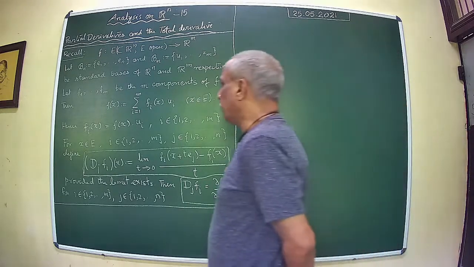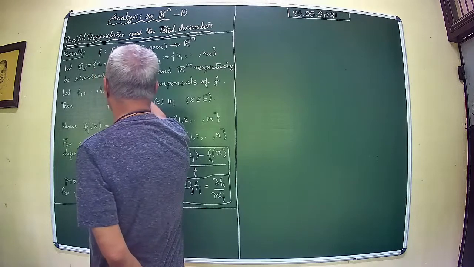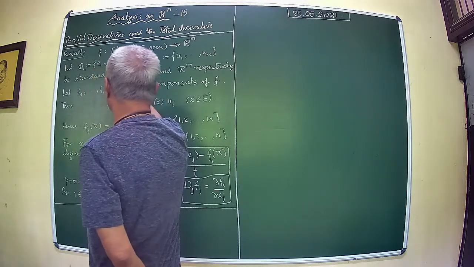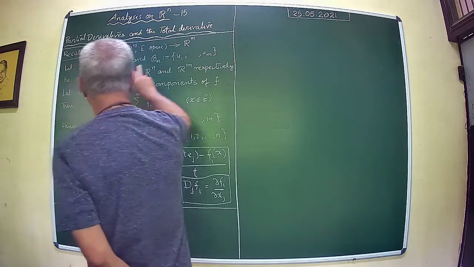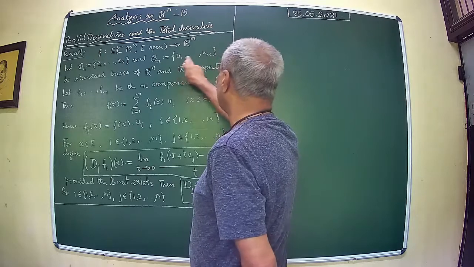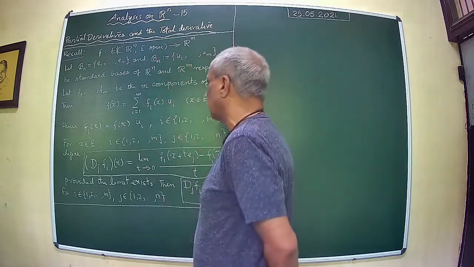Now we take Bn as the standard ordered basis, namely E1, E2, etc., En of Rn, and Bm as the standard ordered basis U1, U2, etc., Um of Rm. Now we use different notations for that.